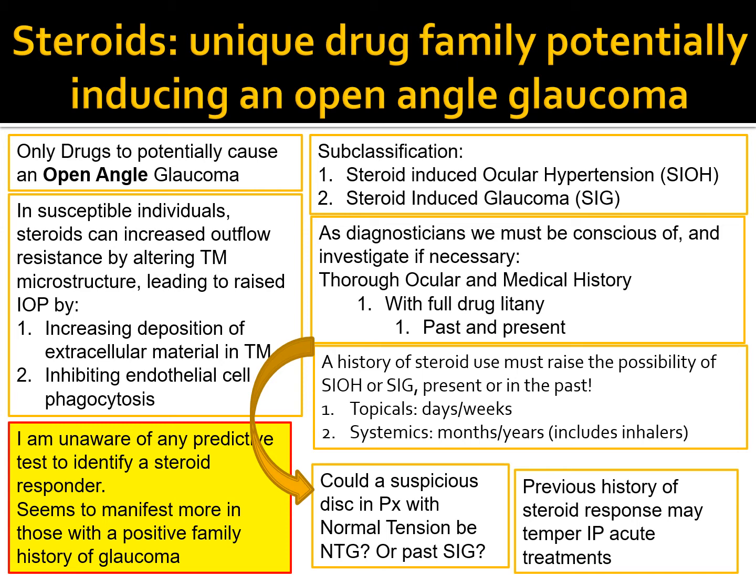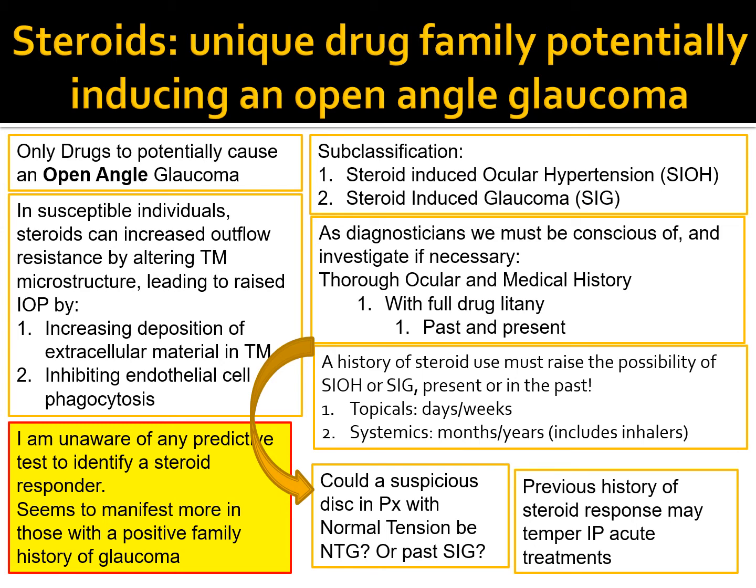You get someone in, and if you've got a suspicious disc, is it because they've got normal tension glaucoma, or is it because they used to use steroids that you didn't know about, and they had a steroid-induced glaucoma 20 years previously? They've stopped it, the pressure's dropped right down again, and you're muddled up as to what to diagnose this as.